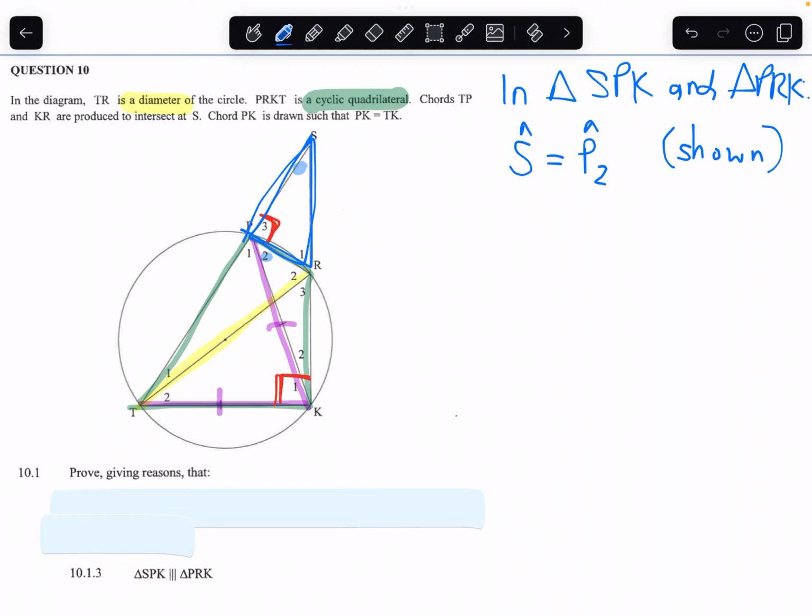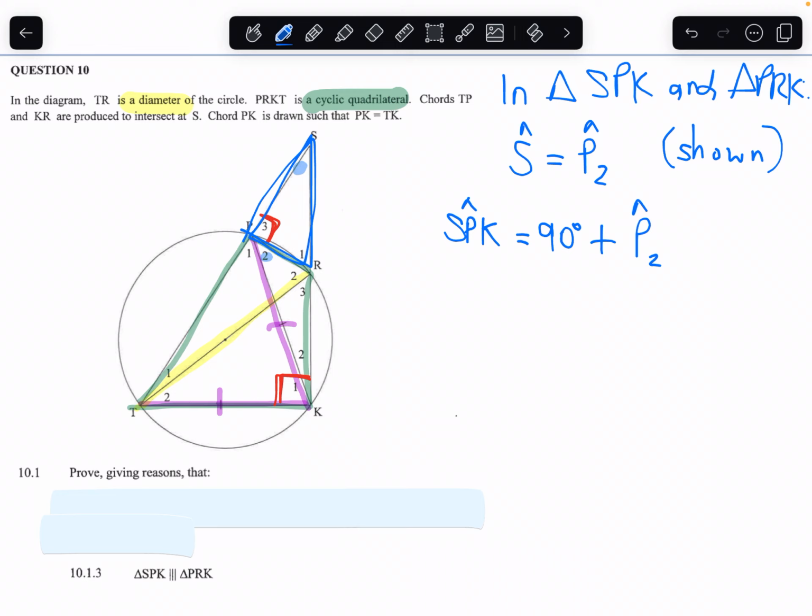Then we are saying that angle SPK is equal to 90 degrees plus angle P2.